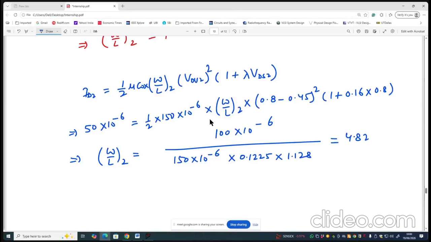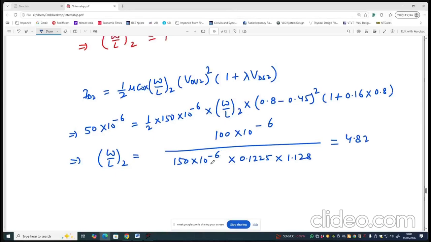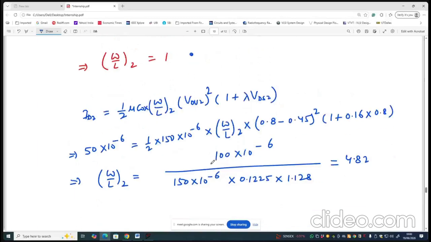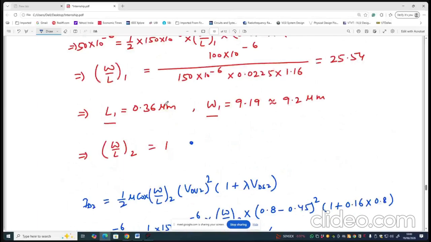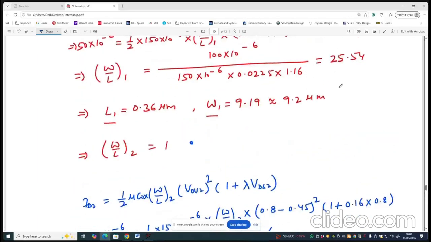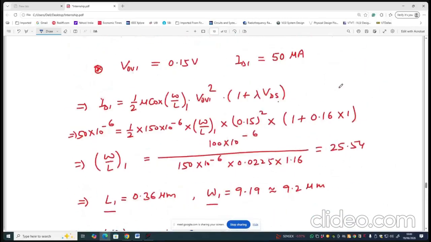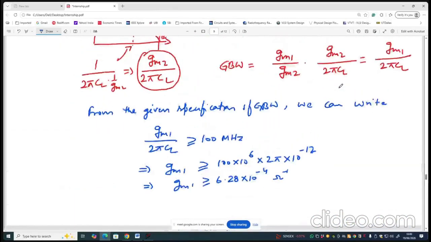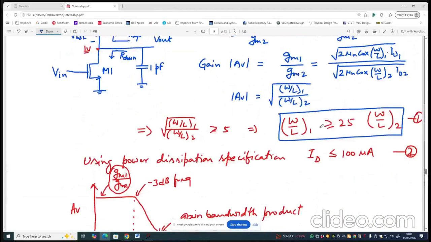So we got W upon L2 to be 4.82 and W upon L1 to be 25.54. So obviously W upon L1 is not 25 times that. You see, this requirement we are not meeting. So what shall we do to meet this requirement?